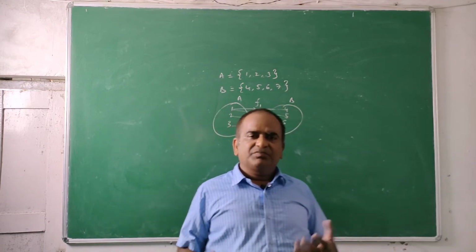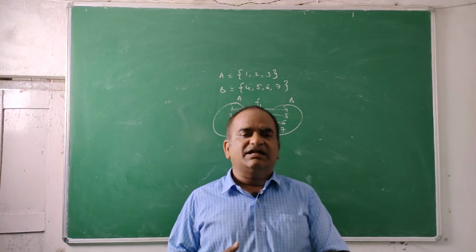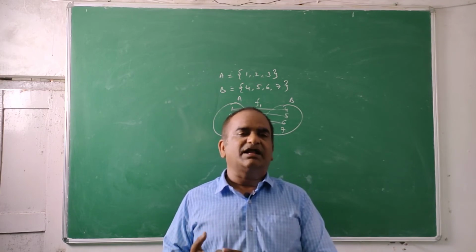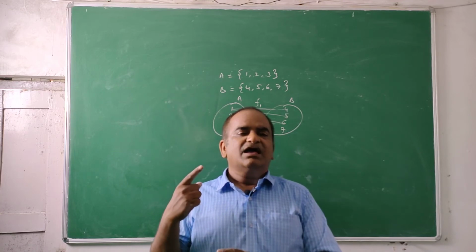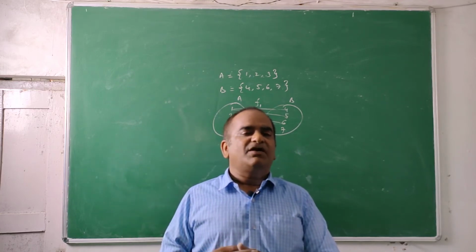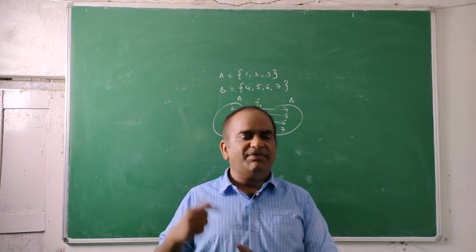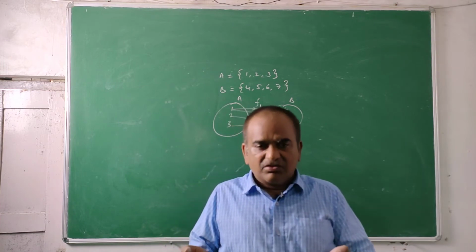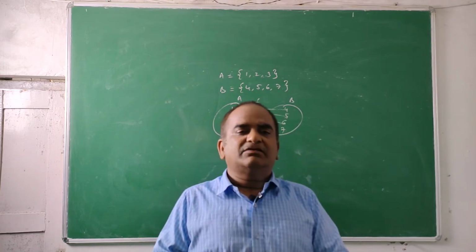So clearly that first condition is justified here. Now let us see the second condition. What is the second condition? Whenever the elements are equal in A, their corresponding images should be equal in B. That means, what should not happen?